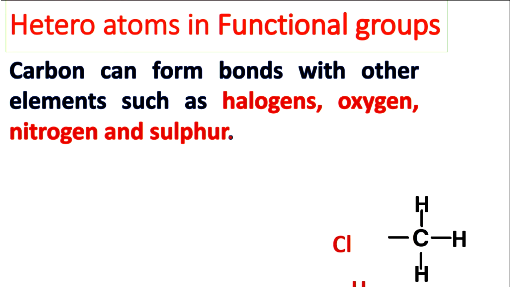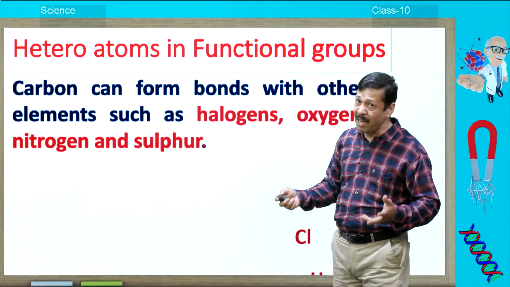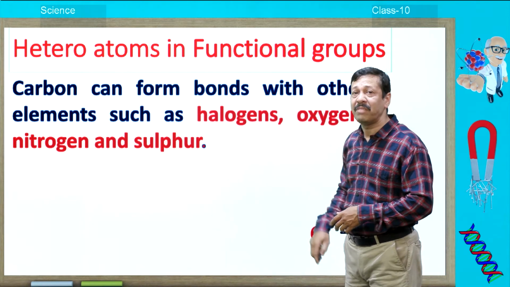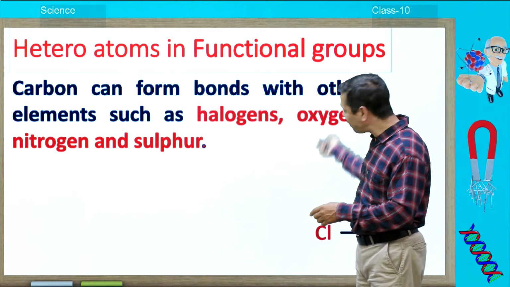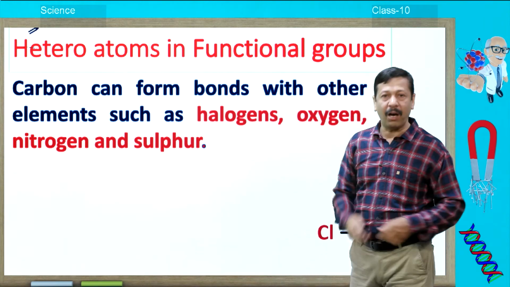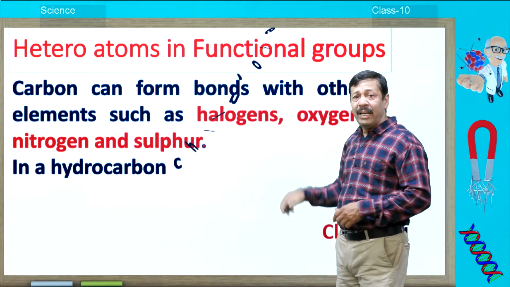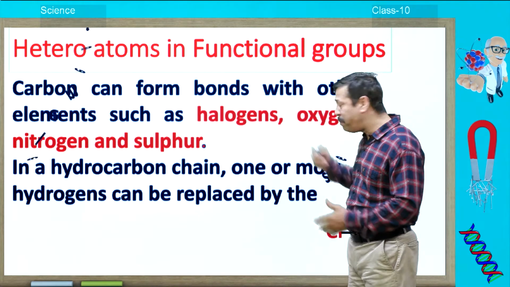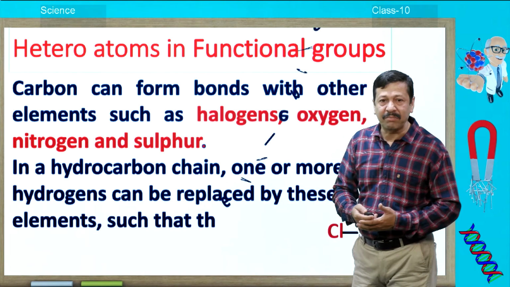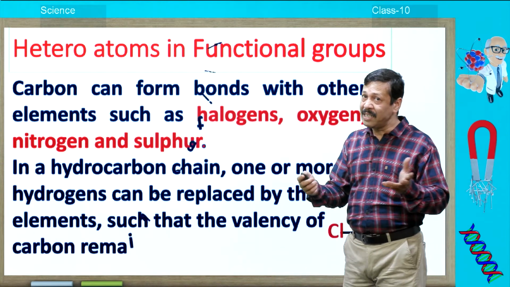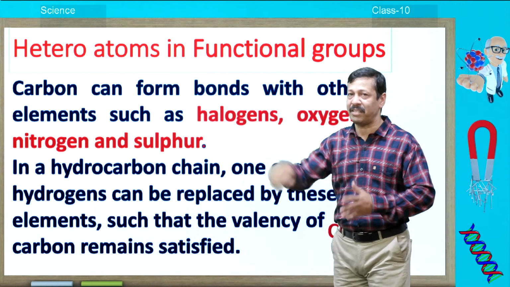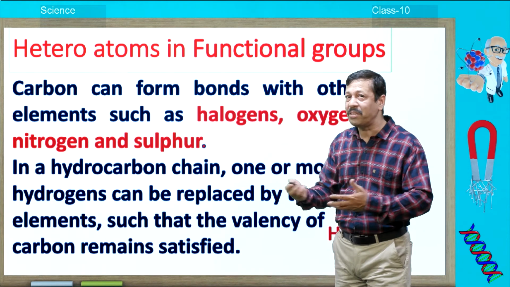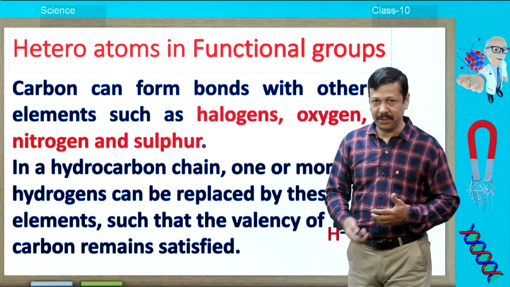Hydrogen is replaced by a chlorine atom, that is the halogen. Hence, chlorine is the heteroatom responsible for the characteristic property of this compound. In a hydrocarbon chain, one or more hydrogens are replaced by such atoms such that tetravalency is maintained. Then you will get a new compound, new functional group, right?